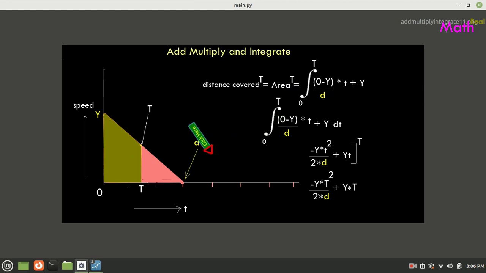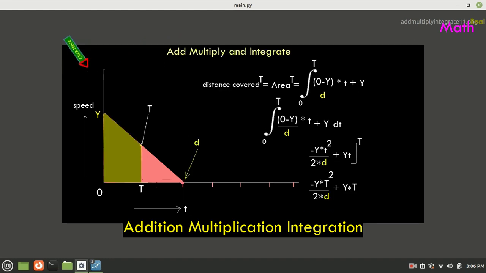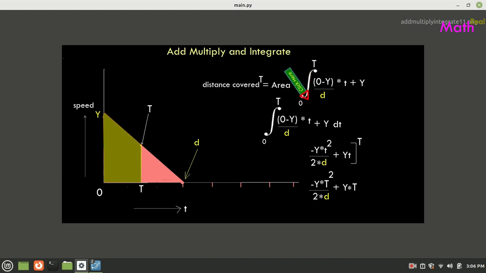Now this is the equation of the line, as we said here. From 0 to t, if we calculate the area, this much distance he has walked. So if I integrate, it would become like this. Then from 0 to t, finally it would come to minus y t square by 2d plus yt. So this much distance he has covered. If y is the initial speed and the speed becomes 0 at duration d, at any time this much distance he is covering.